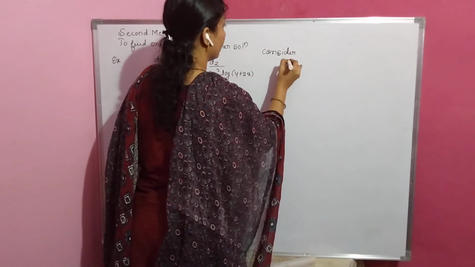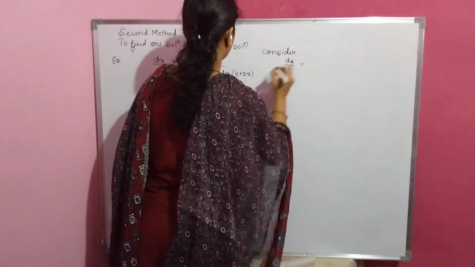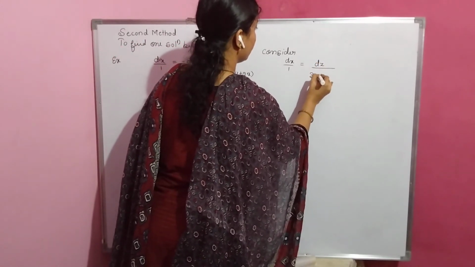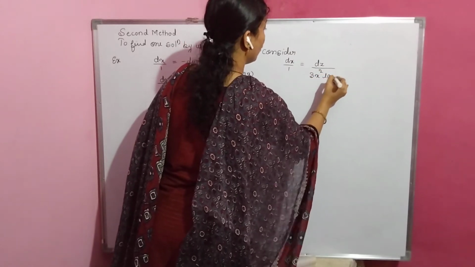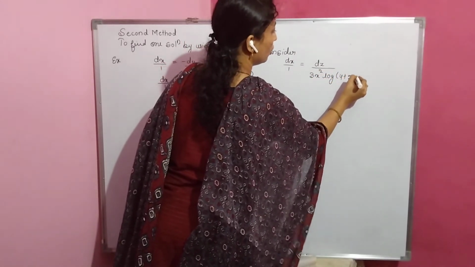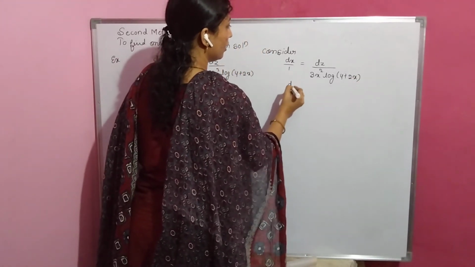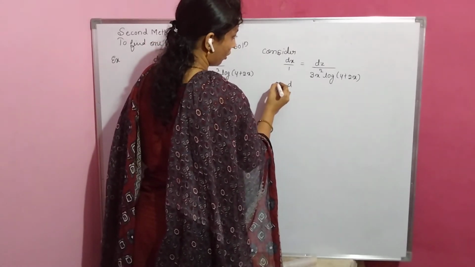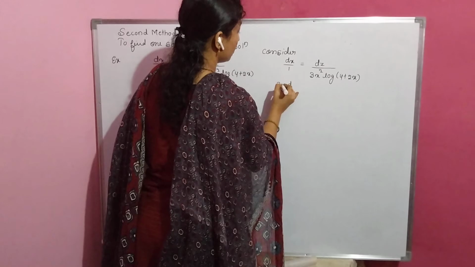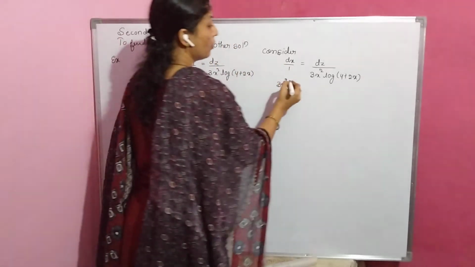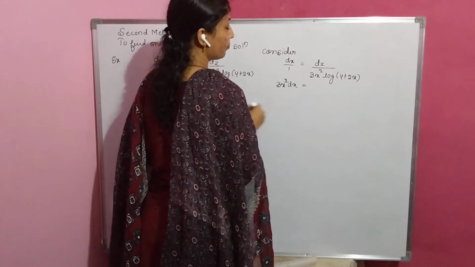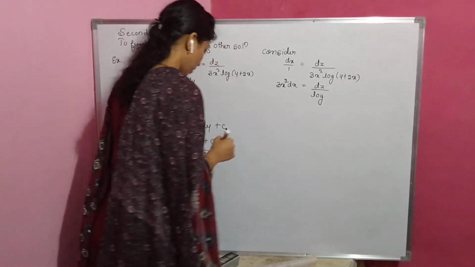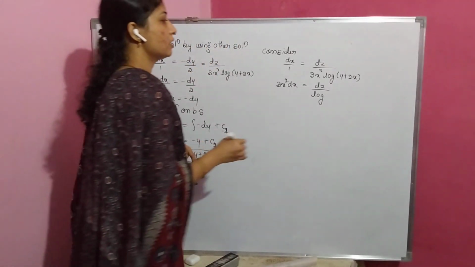That is dx divided by 1 is equal to dz divided by 3x square log of y plus 2x. Again 3x square comes to the RHS, that is 3x square dx is equal to dz divided by log of y plus 2x. Y plus 2x is nothing but c1.